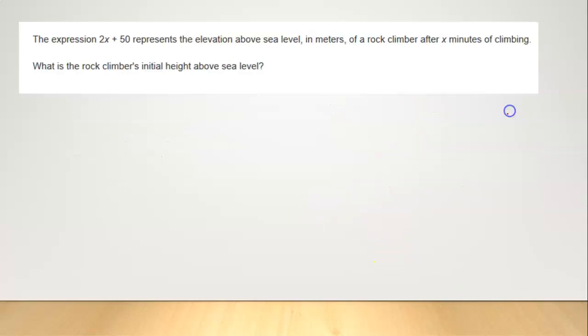So let's look at some. Here's the first one. The expression 2x plus 50, so this looks familiar, right? We have two terms. The first term has a variable with it. The second term does not. So we already know that this is the constant value. All we have to do is put it in context of the problem.